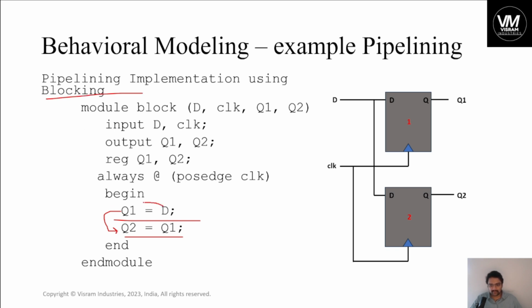Only if Q1 is equal to D, whatever the value in D according to the clock, that value will be Q1, then it will be considered Q2 is equal to Q1. Got it? So hence Q2 will follow Q1, and end module.